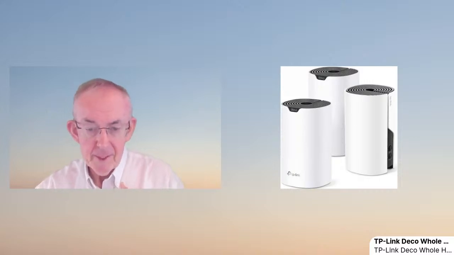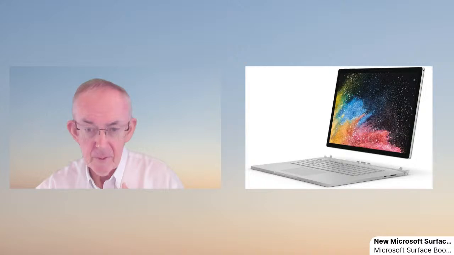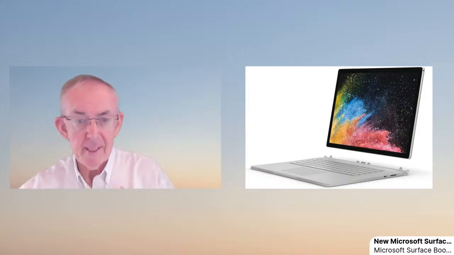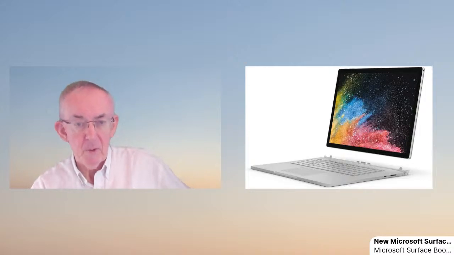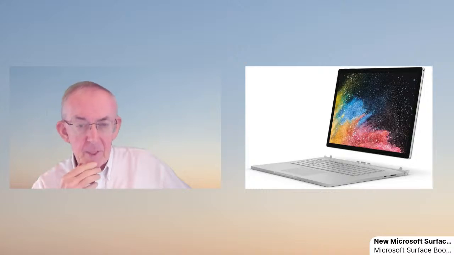Let's just cycle through. And this is my Microsoft Surface Book 2. Quite probably the best laptop that there has ever been, until they brought out the Surface Book 3. But I use the Surface Book 2. I've been using it now for about 18 months, and it is a workhorse.